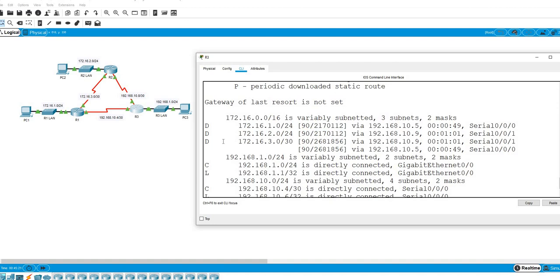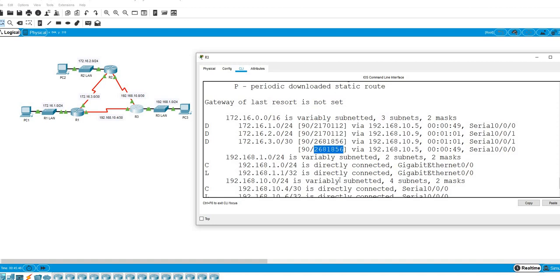The third network is interesting. Interesting in a sense that there are two paths available. So 3.0 network is here. It's a middle network. I can go via that direction, and also from here, that direction. So that's why you see there are two paths available. They both have equal cost.